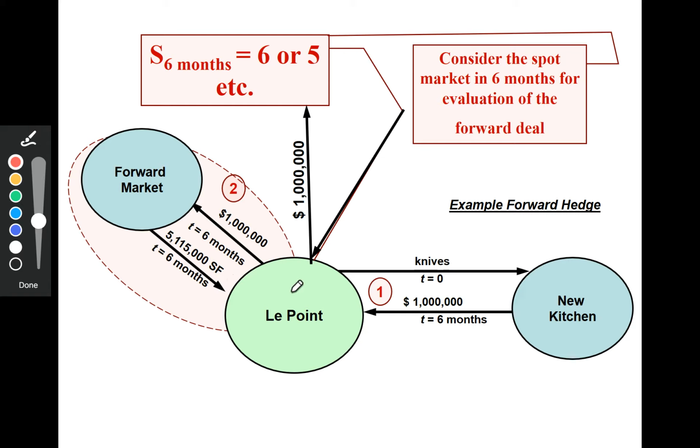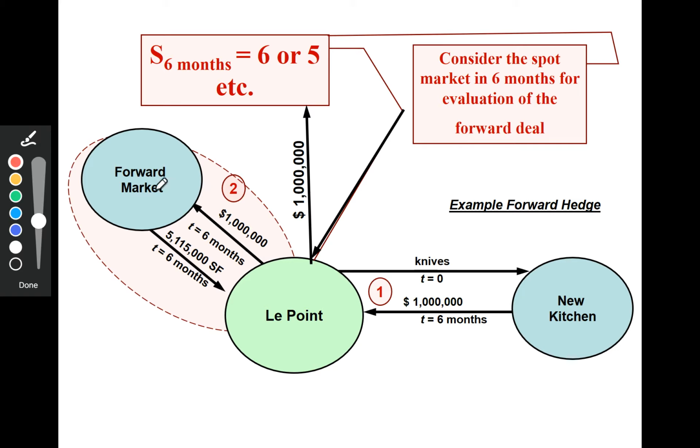future could be different. For example, in 6 months, Swiss franc is 6 Swiss francs per dollar. So in the open market, if we were Le Point and gave our $1 million, we would have 6 million Swiss francs. But we are obligated by this forward contract to give our $1 million to the forward bank.